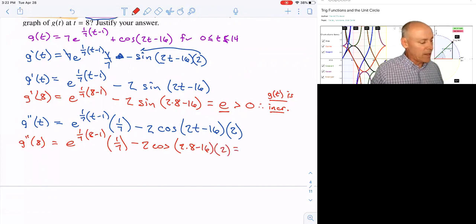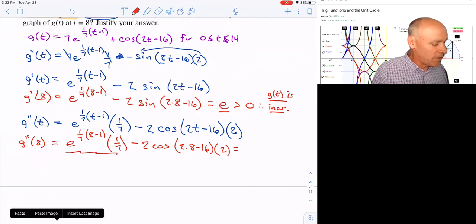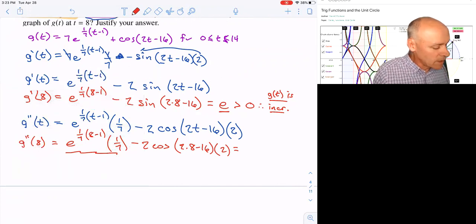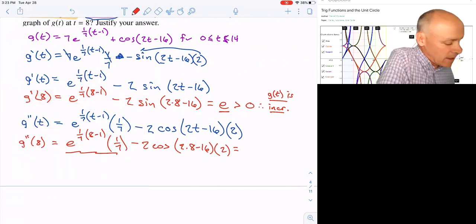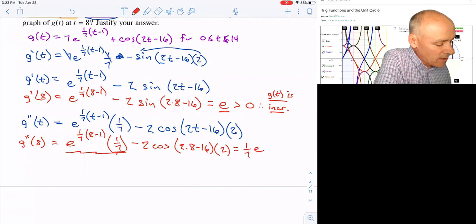Okay, if I simplify this first part, well, this is basically kind of what I had above here, and that's going to be 8 minus 1 is 7, to 1/7, so that's going to be 1/7 e. Only difference is I've got this 1/7 kind of coefficient there.